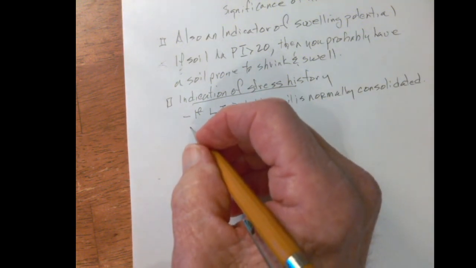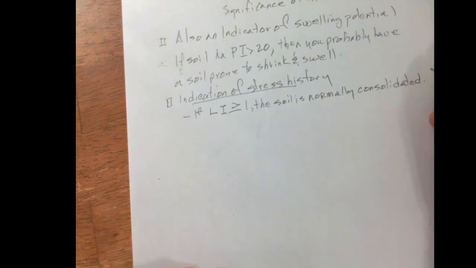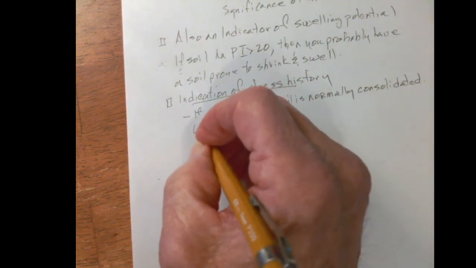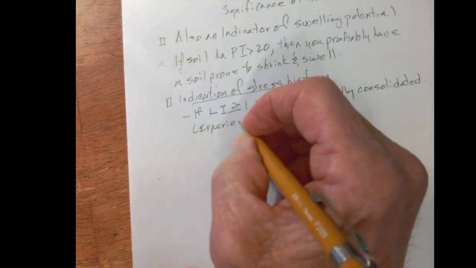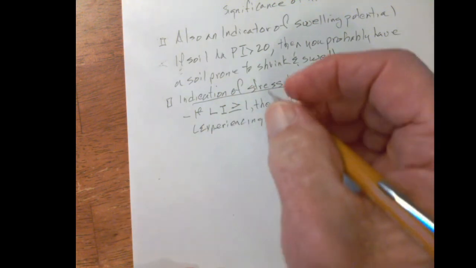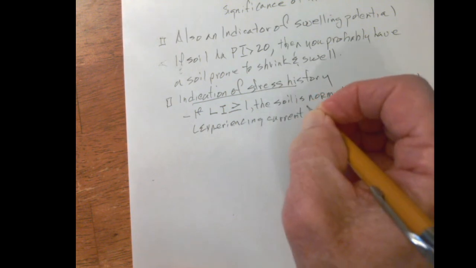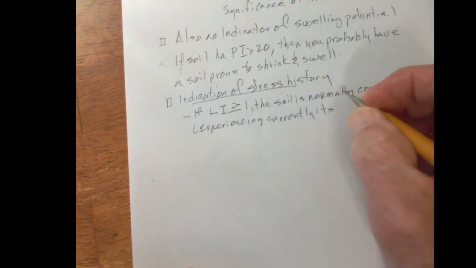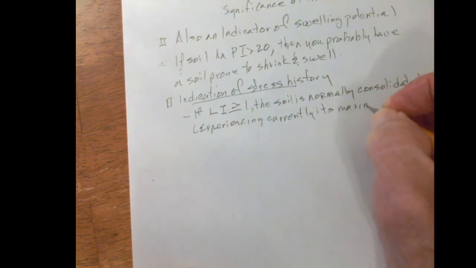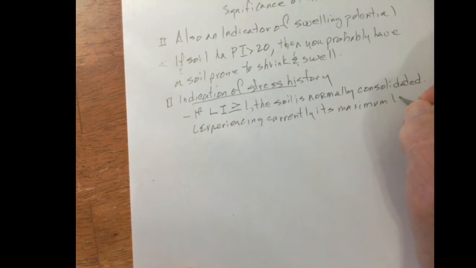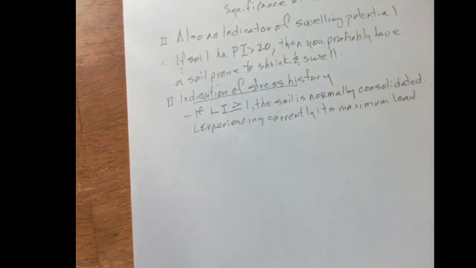Now, it's currently experiencing its maximum load. So if we're looking at a site and we get a liquidity index greater than or equal to 1, it's normally consolidated.